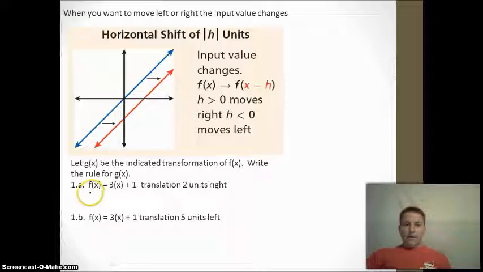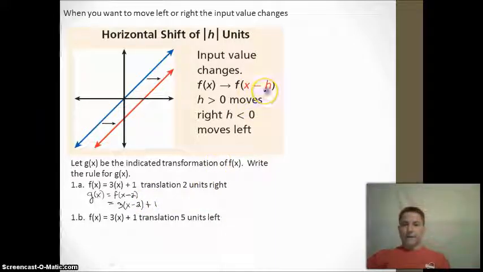So our new function g of x is going to be f of x minus 2. For g of x, we take 3, and instead of just having an x there, we put x minus 2, because we're translating it 2 units to the right, plus 1.